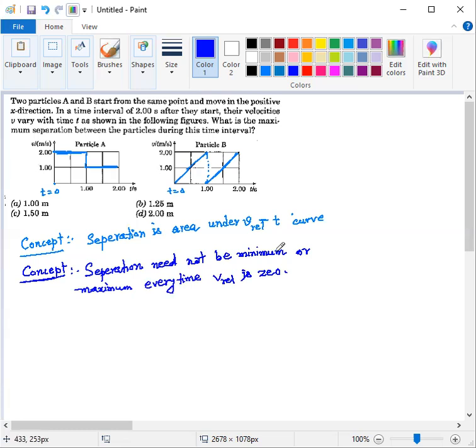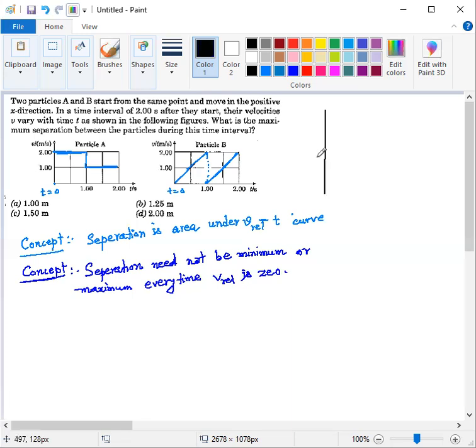So first of all, from these two graphs, we have to draw. The first graph represents the velocity versus time graph for particle A, and the second is again a velocity versus time graph for particle B. If we combine these two diagrams into a single diagram, we get the diagram for the relative velocity.